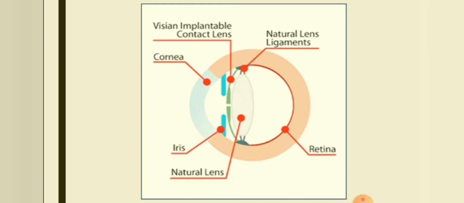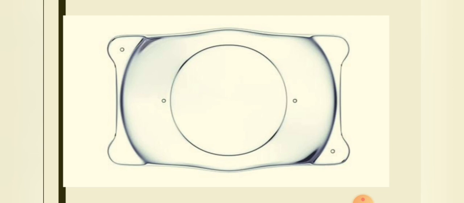So we can correct up to 25 diopter of refractive error by performing refractive surgery. These are some advantages of refractive surgery which we should know. This is how ICL looks.